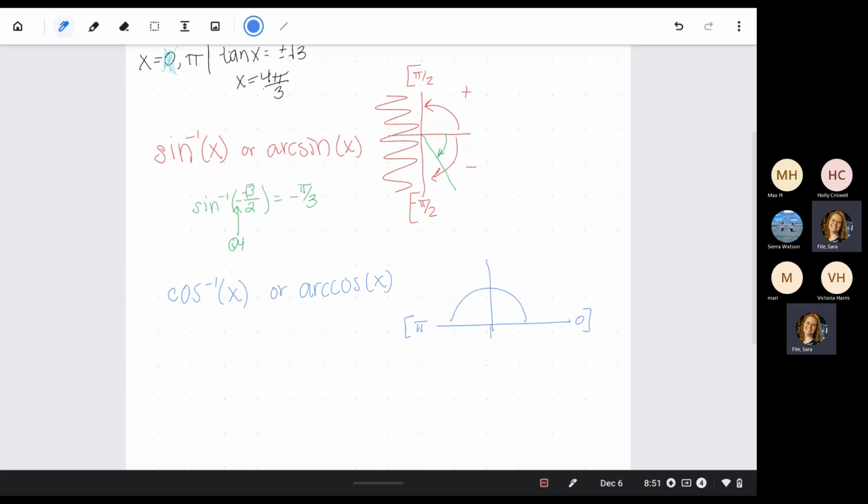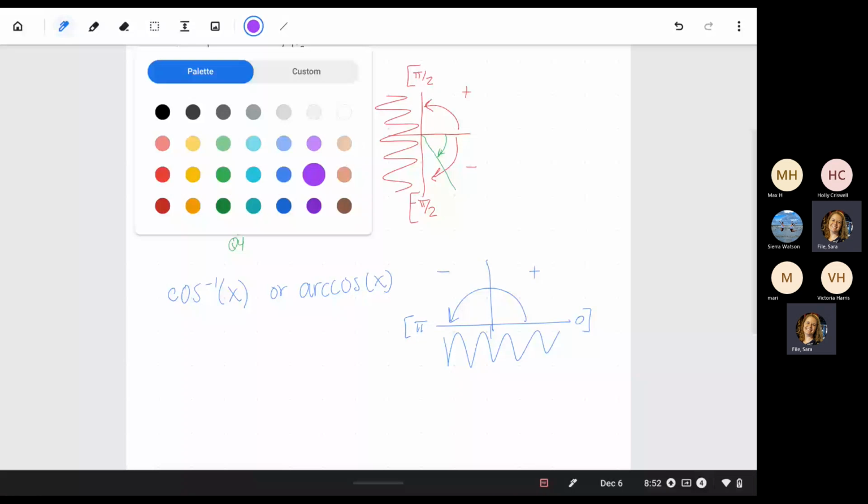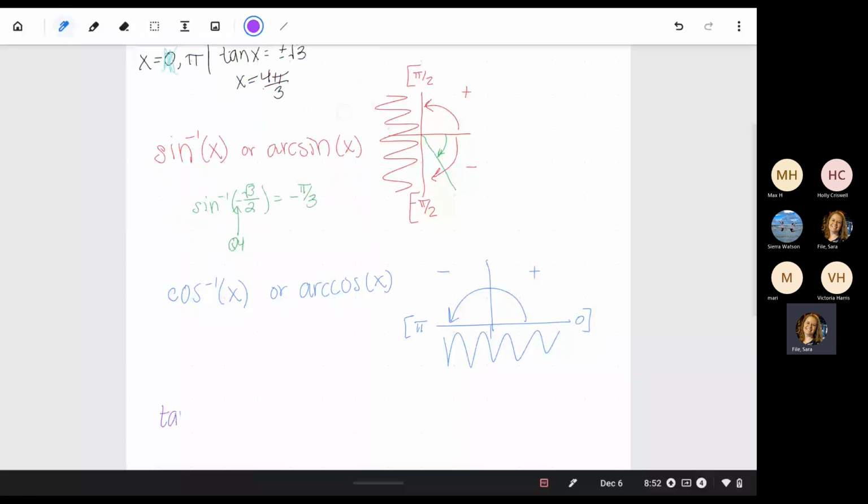So anywhere here, this is the no man's land for inverse cosine. This is where cosine values are positive, and this is where they are negative. Then for inverse tangent, oops, forgot to write arc.